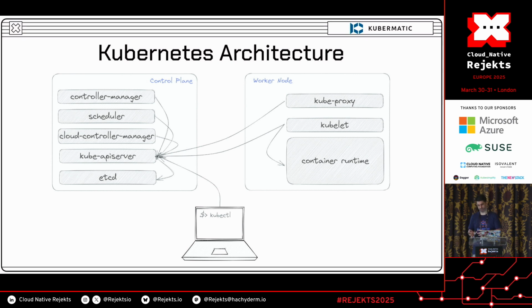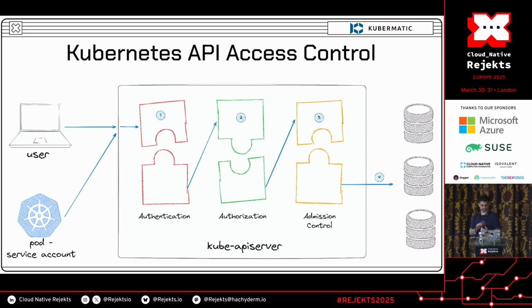The important point here is that the API server is the key entrance point to the cluster. All the requests go through the API server, and the API server is the only component that can write to etcd. So if different components want to change something in the cluster, all the traffic goes through the API server.